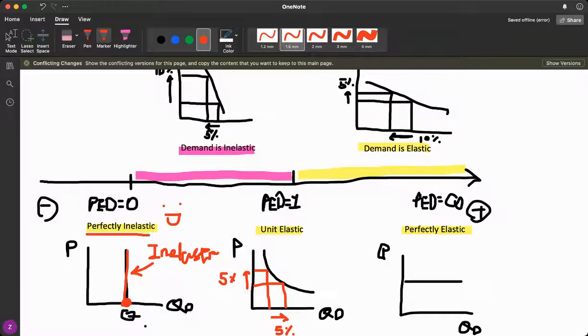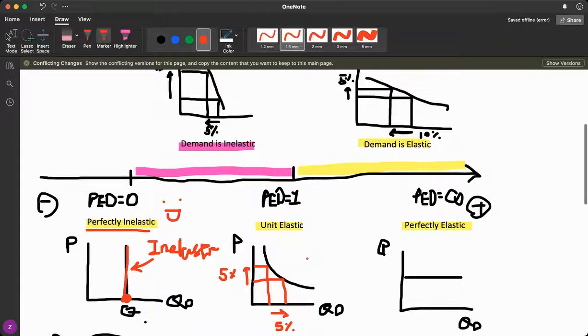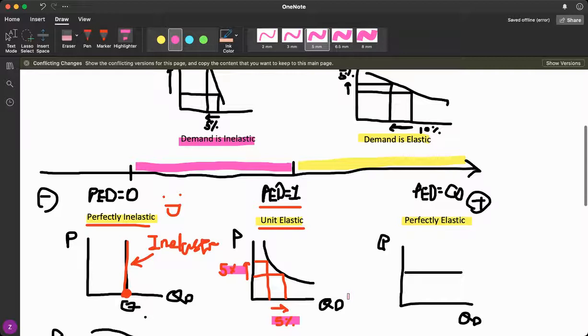When PED is equal to 1, demand is unit elastic. The percentage change in quantity demanded is equal to the percentage change in price, and the graph looks something like this. When PED is equal to infinity, it is perfectly elastic and it is a horizontal line.